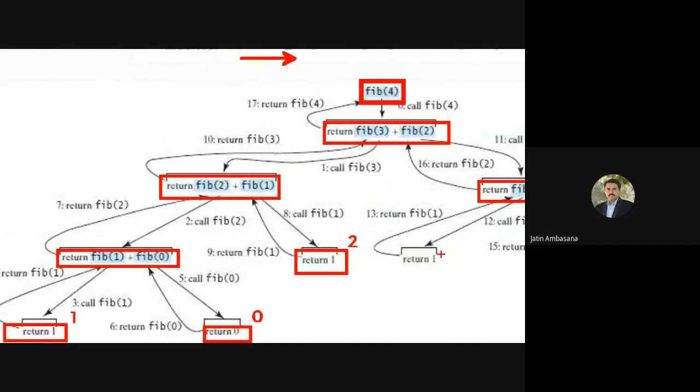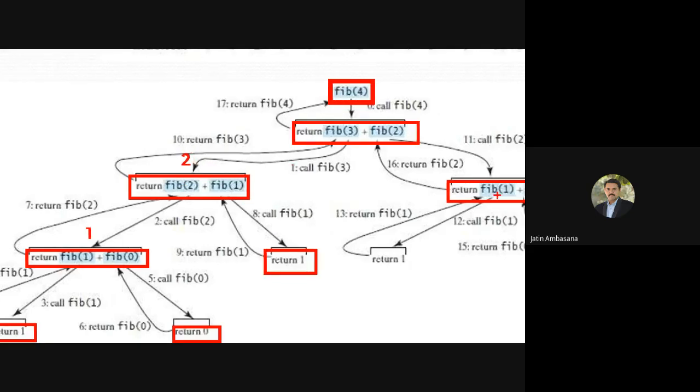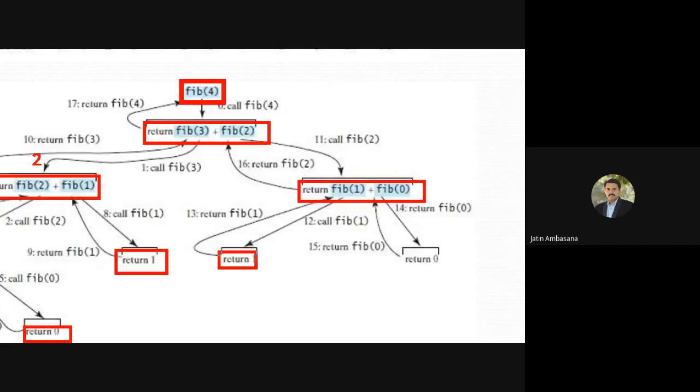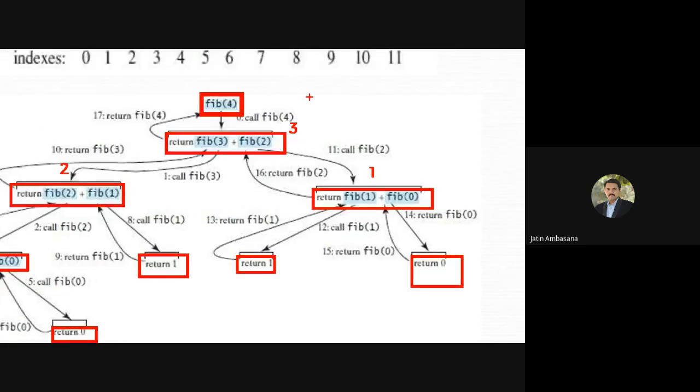Okay, I think there is some issue. See, here 0 plus 1 becomes 1. And here it returns 1. So 1 plus 1 returns 2. Similarly, here we have 1 and 0. So 1 plus 0 becomes 1. So 1 plus 2 becomes 3.